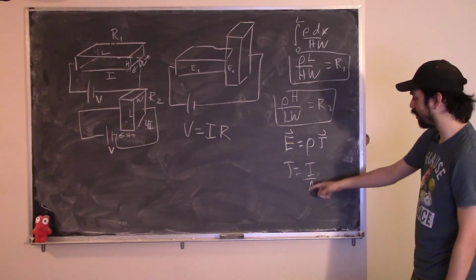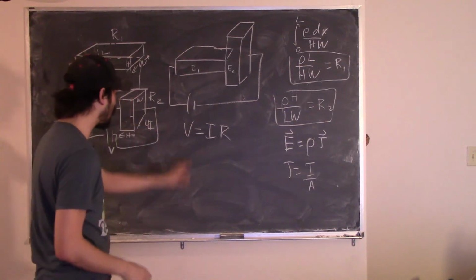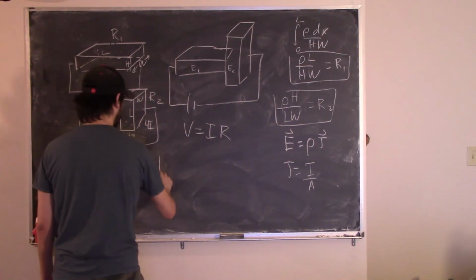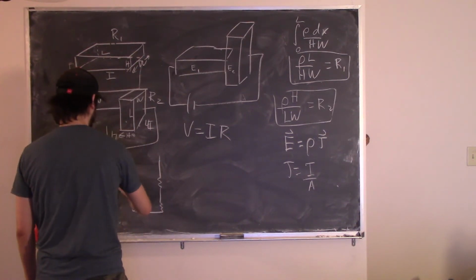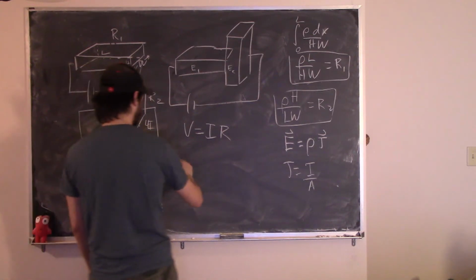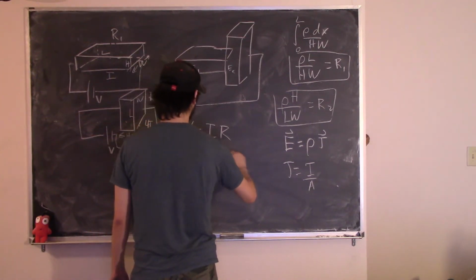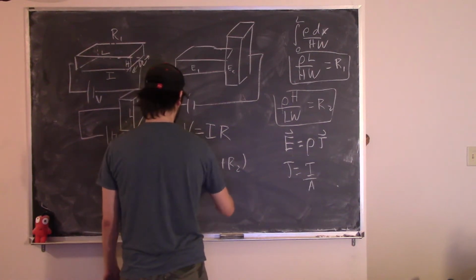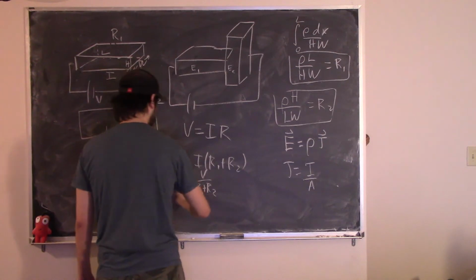So the area will be different, but the current is going to be the same. And so what I can do is find what the current is by saying that really this is just a system with resistors in series. I can do my loop, draw a current. This says that V is equal to I times R1 plus R2. And so I is going to be equal to V divided by R1 plus R2.